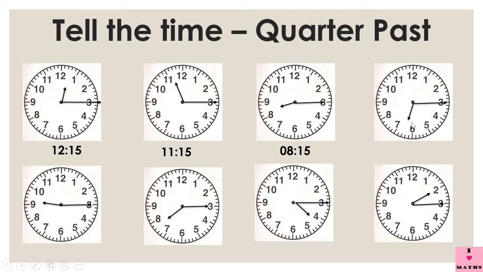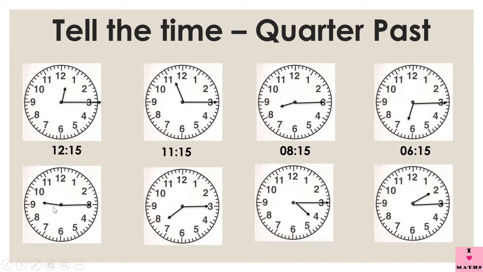Here the hour hand is past 6 and the minute hand is on 3. So this is called quarter past 6 or 6:15. Here the hour hand has gone ahead of 9 and minute hand is on 3.